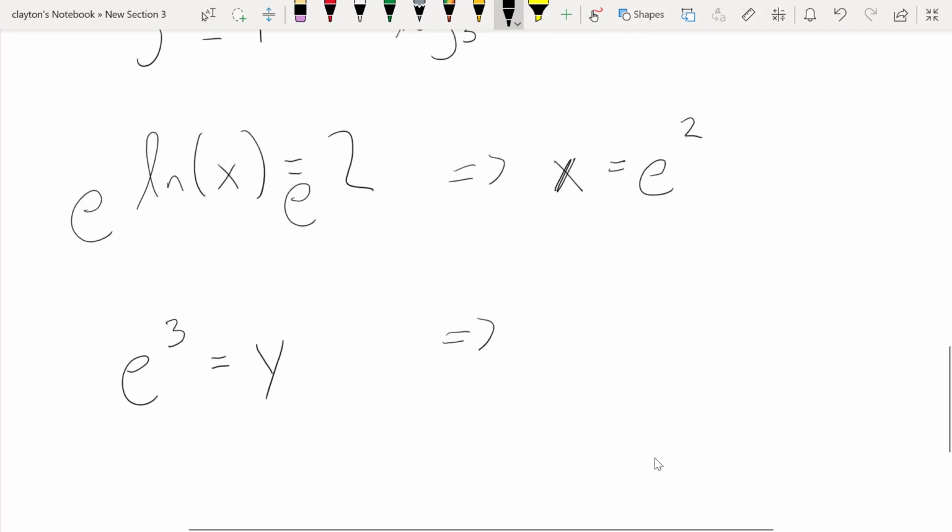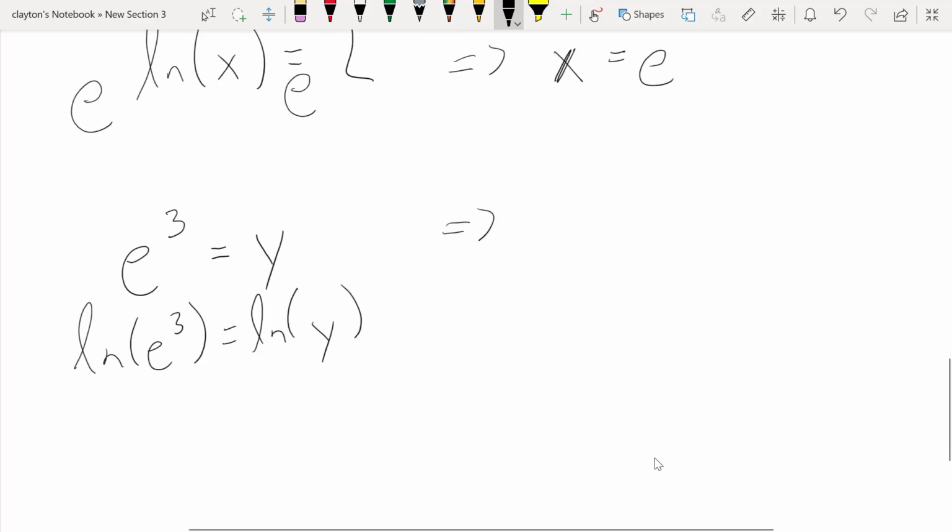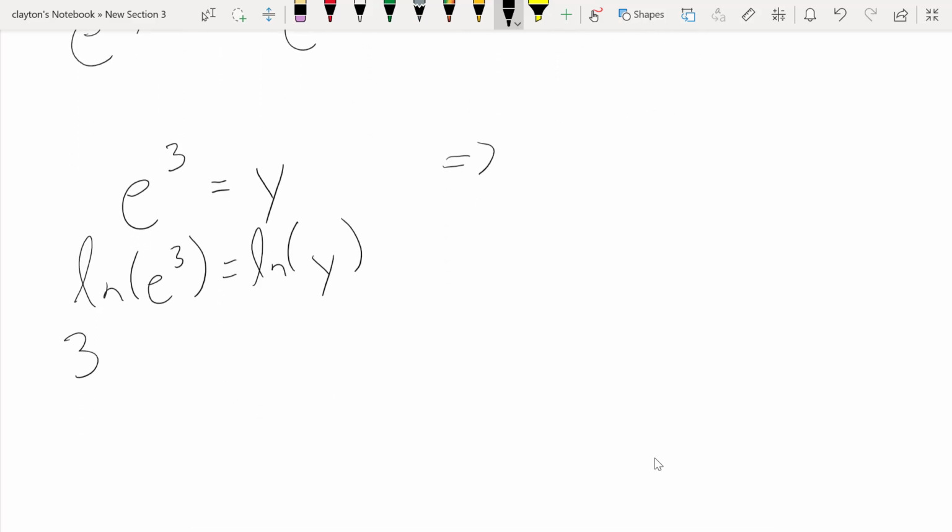And same thing over here. e cubed is equal to y. If I take the natural log of both sides, in other words, natural log of e cubed is equal to natural log of y. Well, by log properties, that 3 comes down in front. And now if you type natural log of e into your calculator, you'll find that natural log of e is equal to just 1.